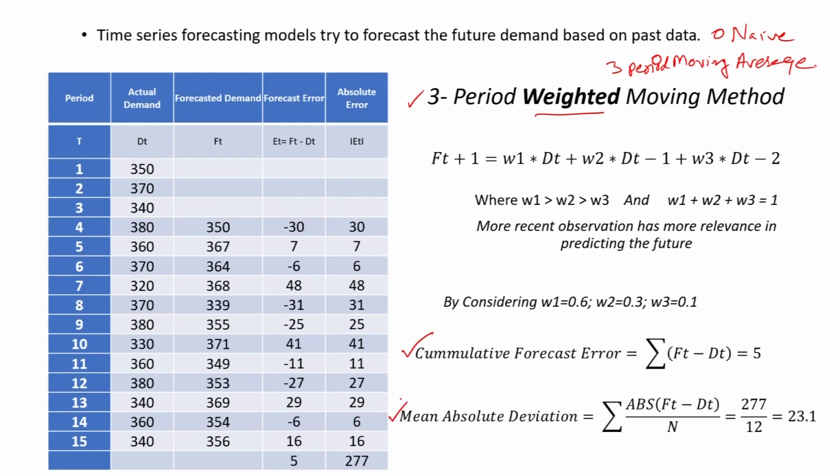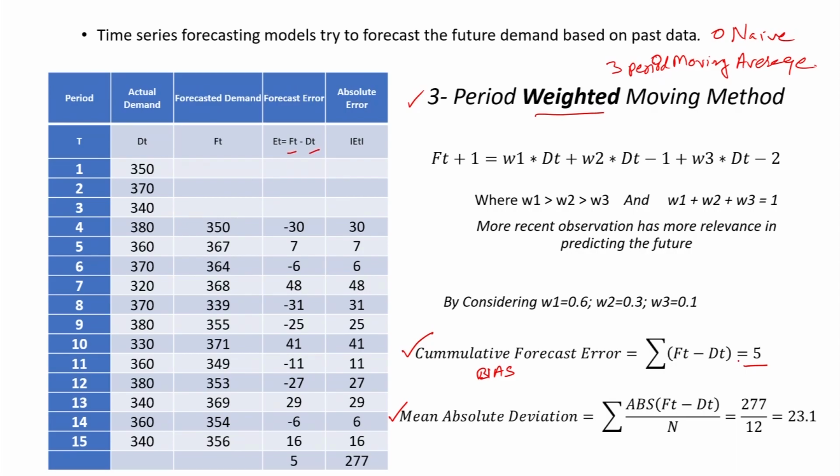In each method we have also calculated the mean absolute deviation. When we say cumulative forecast error, it tells you what your bias in the forecast is, whether you are always overestimating or underestimating. Here the plus 5 indicates that we are overestimating. My forecast is more than the demand. I am over forecasting.